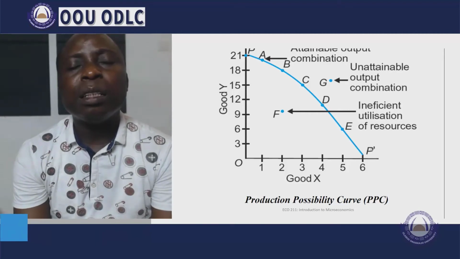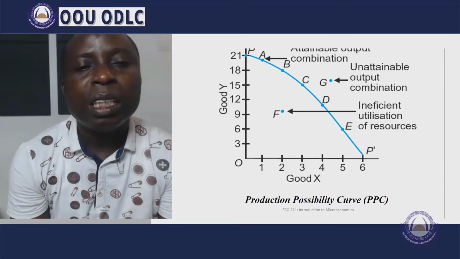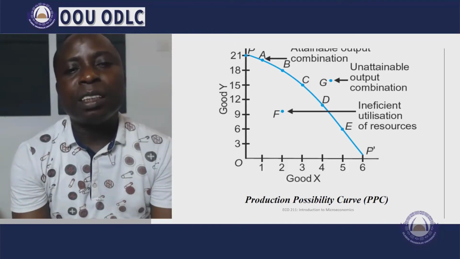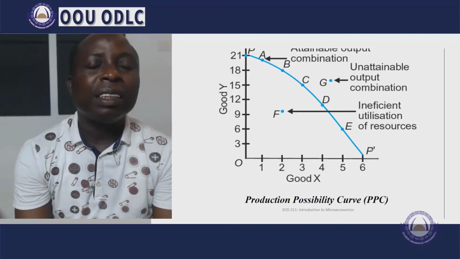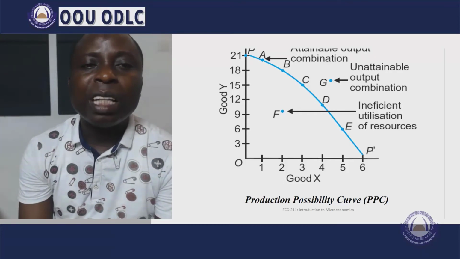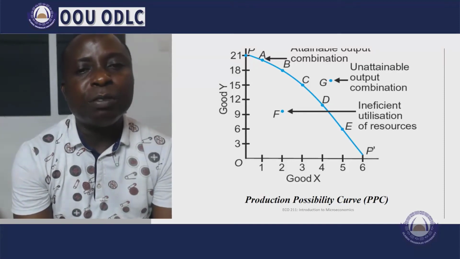Looking at the PPC, or production possibility curve, the curve is concave in nature. It is also downward sloping from left to right.